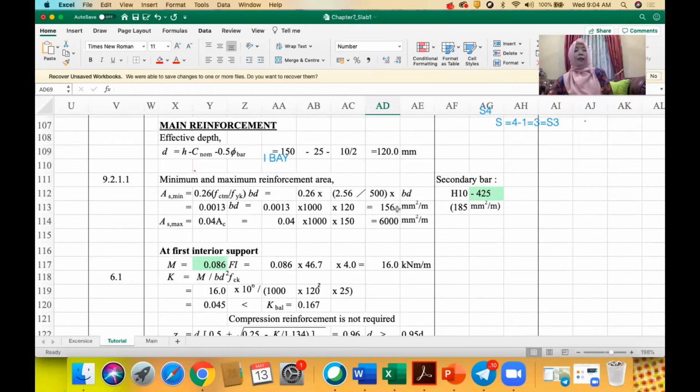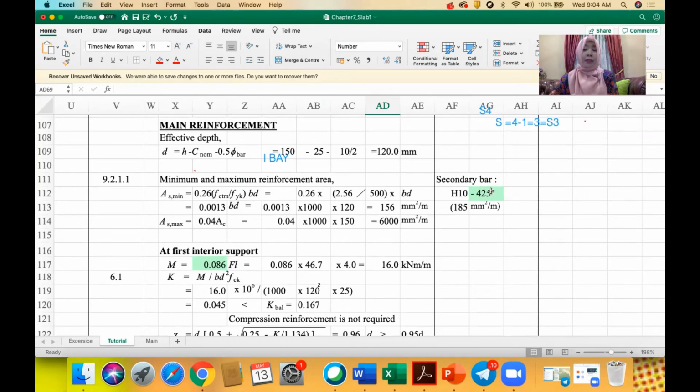Although in the code the secondary bar is based on 20% of the area of steel at the near middle of the end span, designers tend to use the minimum steel as a guidance to obtain the secondary bar. Therefore, we have here H10 at 300.